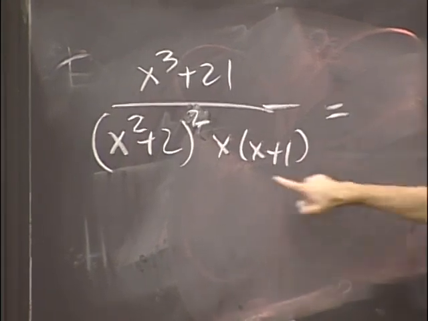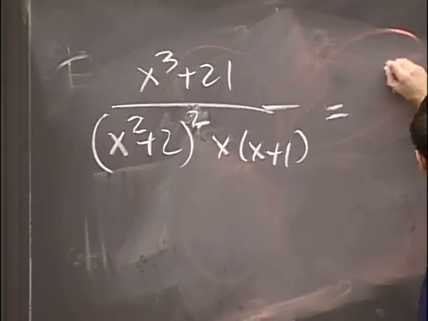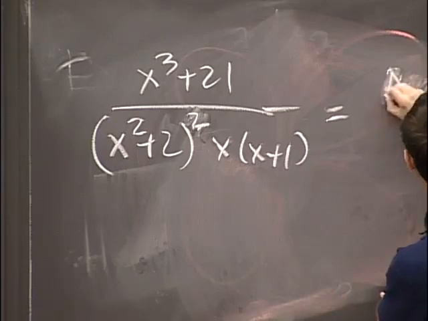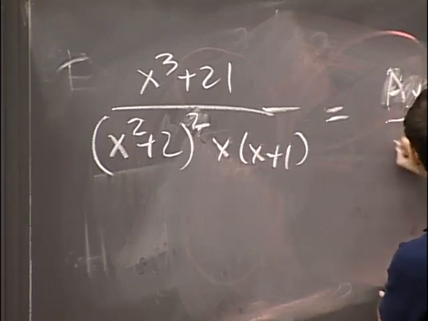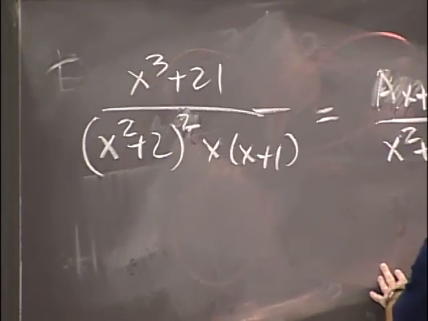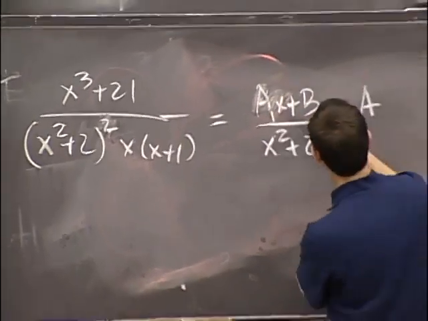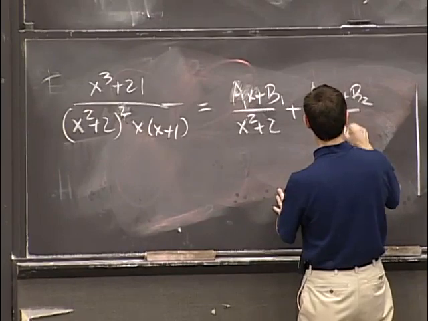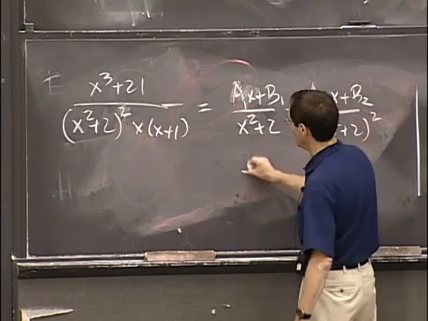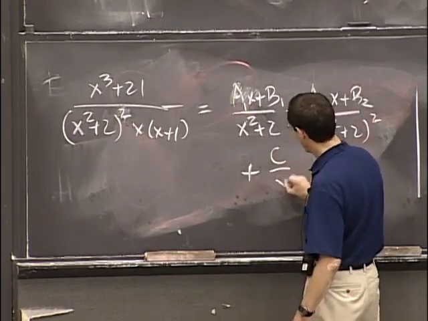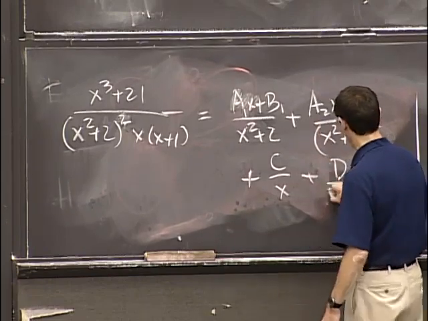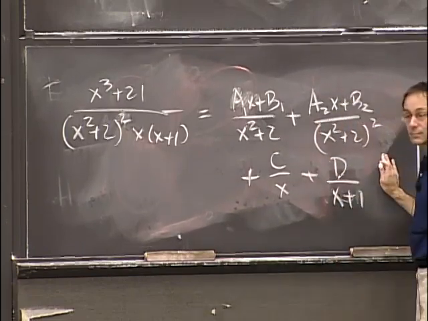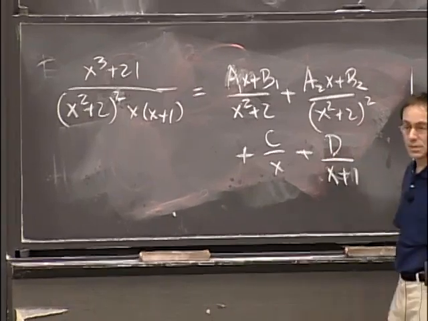So the parts with x and x plus 1 are the same, but now you have linear factors here: a1x plus b1 divided by x squared plus 2, and a2x plus b2 over x squared plus 2 squared, plus c over x plus d over x plus 1. All right? This is the way it works.